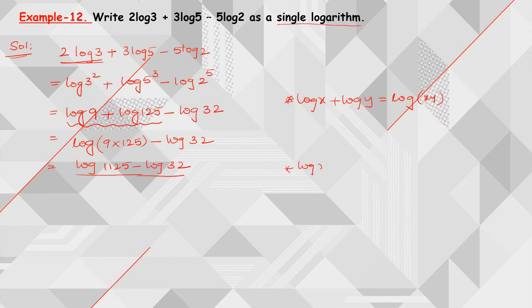So how can you write log x minus log y? Log x minus log y I can write as log of x by y. So as a single logarithm I can write log of 1125 divided by 32. This is how we represent an expanded form as a single logarithm, right?